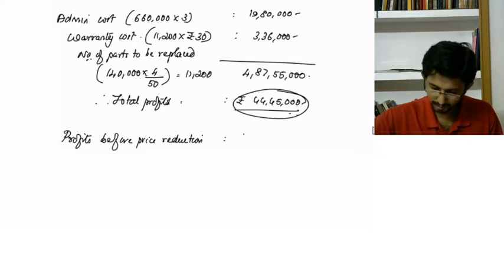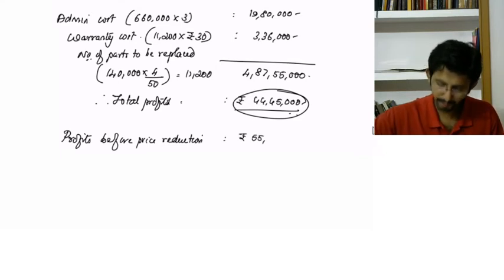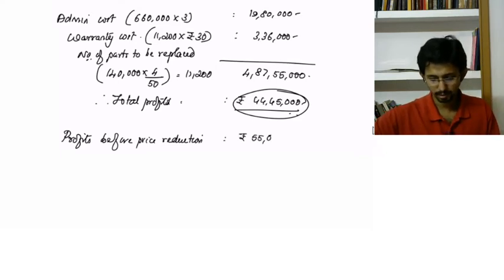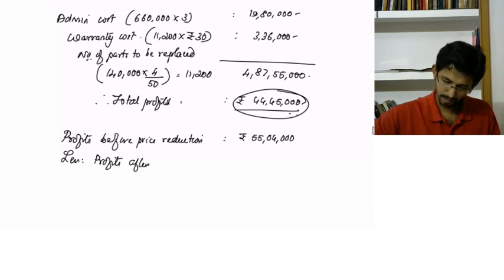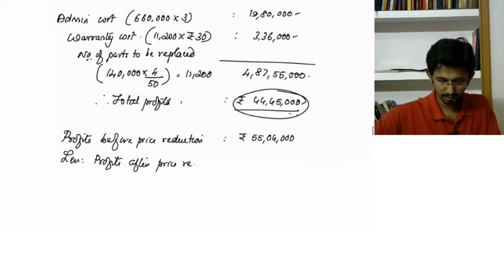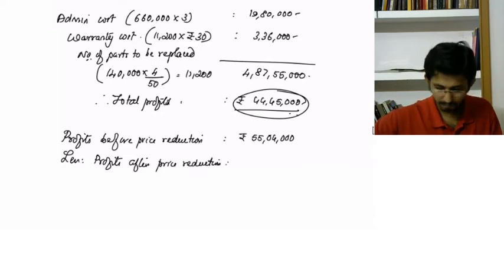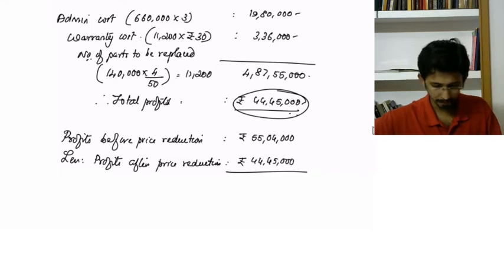Before price reduction, it was 55 lakhs 4,000 less profits after price reduction. This will be 44 lakh 45,000.